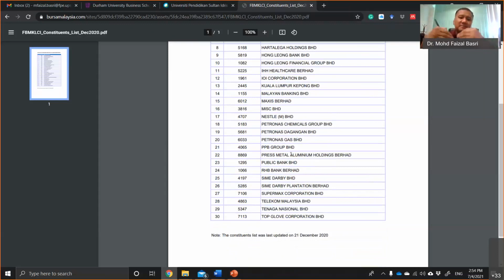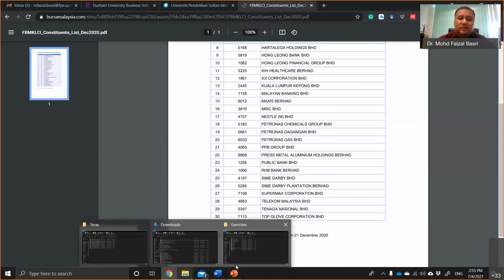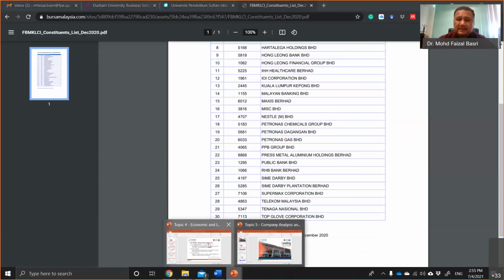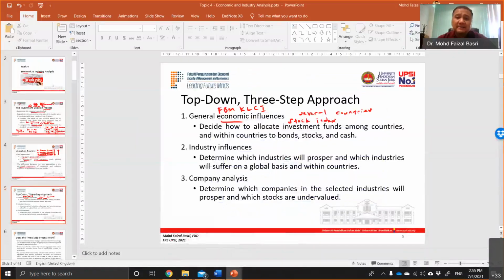There is some relationship between the two, so we can use that as an indicator. If the KLCI is going down, it indicates, if not by much, that the economy is not doing well at that point in time. So that's one of the indicators, based on the stock index.